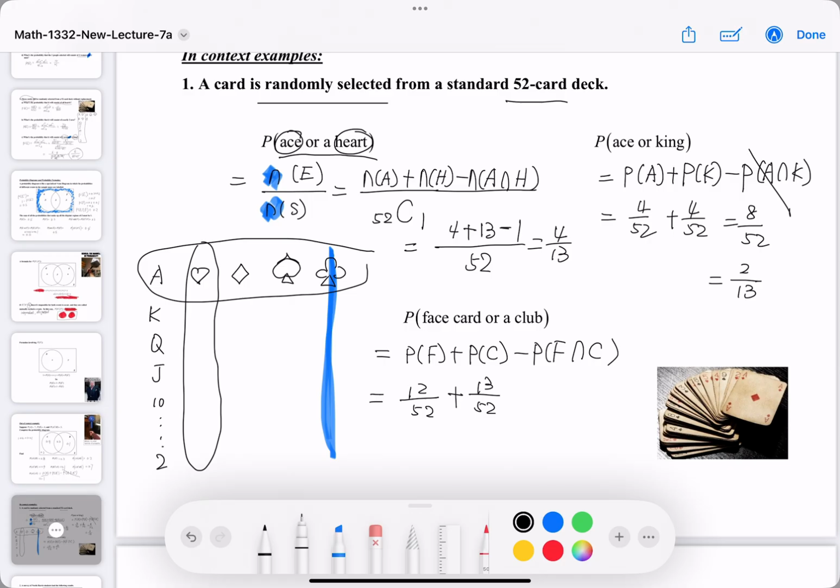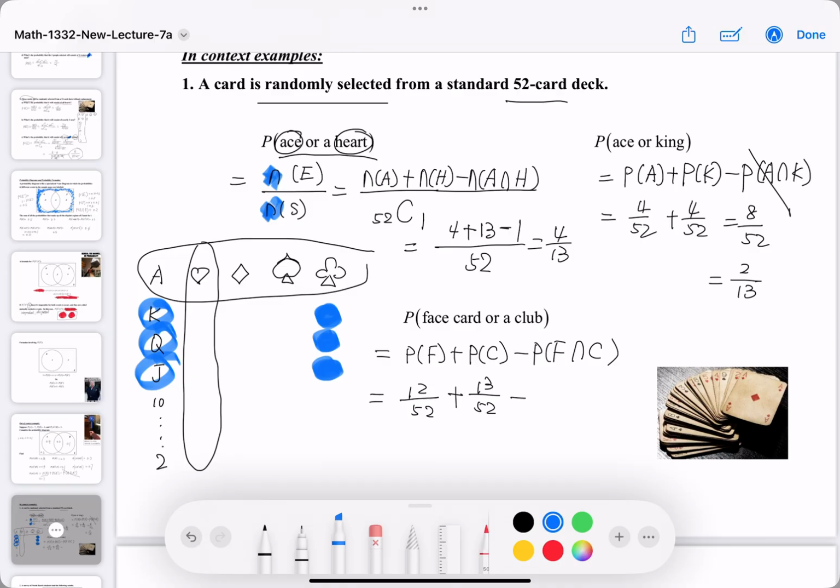And how many cards are face and club? We are going to have club here, and 3 of the face cards have club: king club, queen club, jack club.